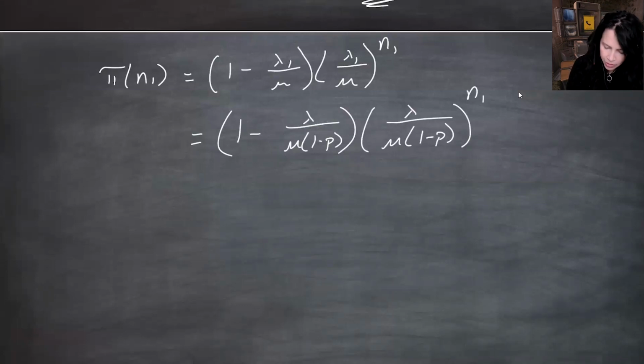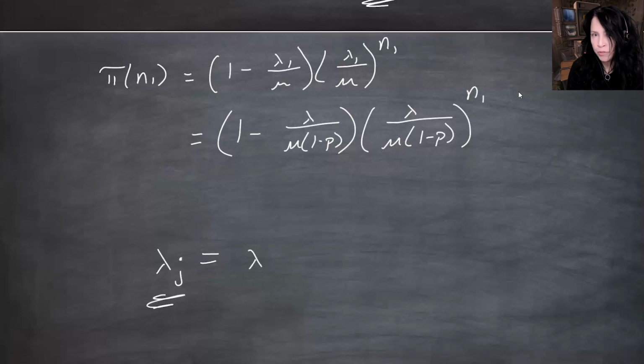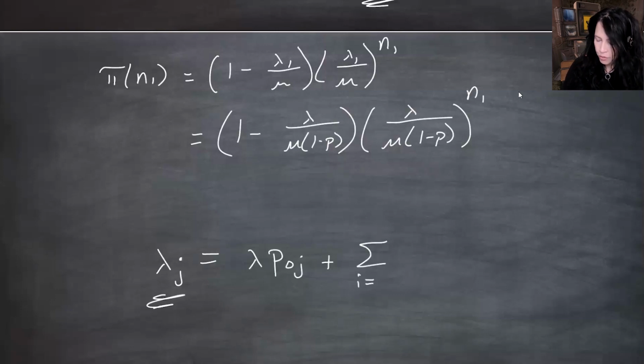Let me make the flow balance equation just a little, I don't know if this is going to make it more clear or not. I'm going to not have the sum start from 0. I'm going to have an external arrival rate of lambda. Now this is supposed to be the arrival rate to server J. So then I'm going to have the probability you go from outside directly to J. And then the sum as I goes from 1 to M, that was our number of servers.